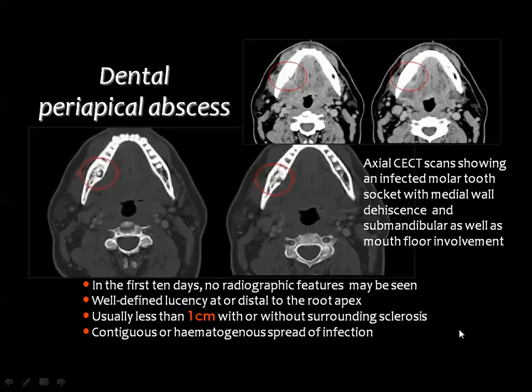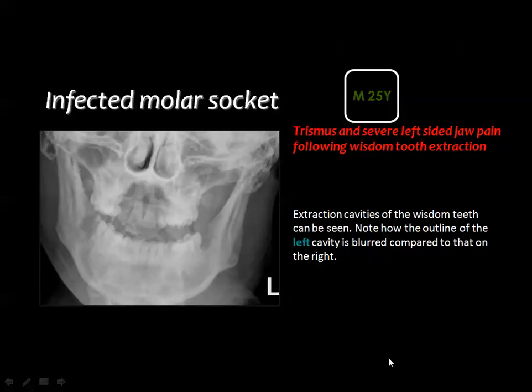Then many times, as I have mentioned, we are confronted by slightly enlarged deep cervical lymph nodes, and also nodes around the submandibular salivary glands, and these are usually referred to as reactive lymphadenopathy. And here you can see an example by plain X-ray. This is the socket of the third molar tooth.